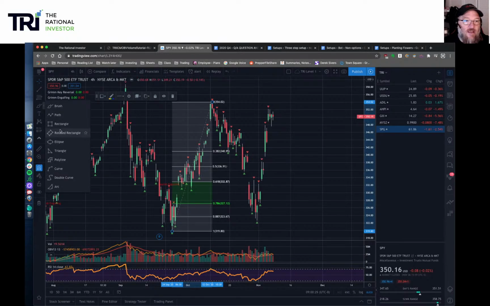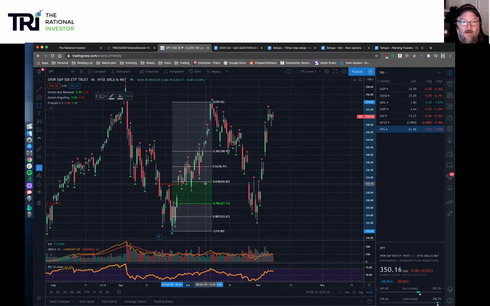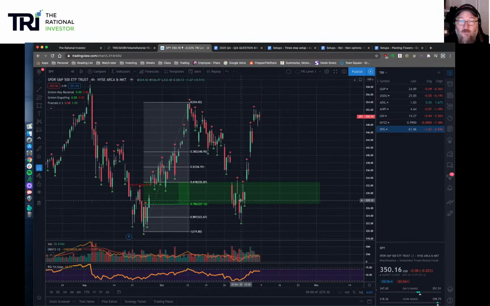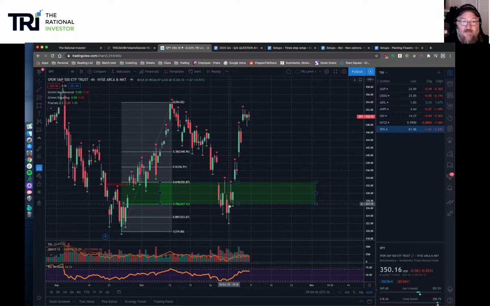That's what that location criteria on my setup is, okay? So we look in the reload zone, okay? And this is the subsequent downwards move that I'm talking about in there.